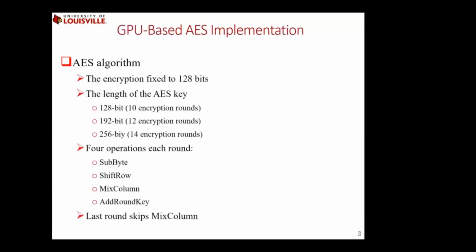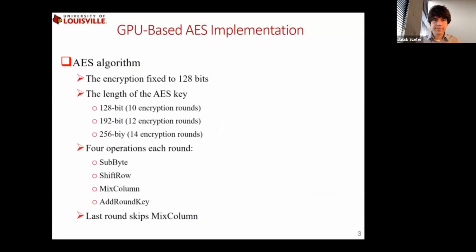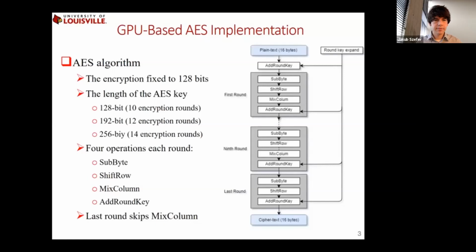The AES algorithm can be parallelized and run on GPU. In this work, we use a basic encryption, which is based on 128 bits, but it can be extended to 192 bits or 256 bits with more rounds of encryptions.